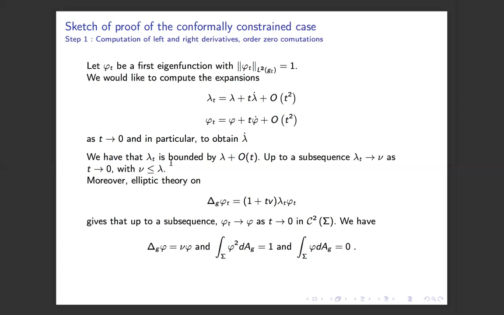Since nu is less than the first eigenvalue, we must have that nu is equal to lambda. And this means that phi is the first eigenfunction associated to the metric g. So this is the computation for the zero order term.